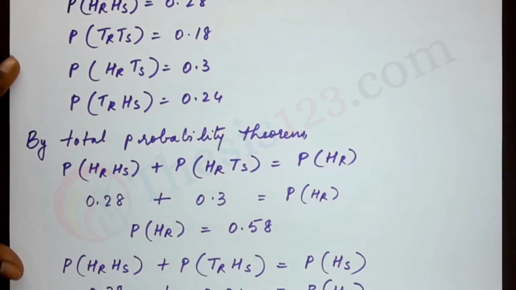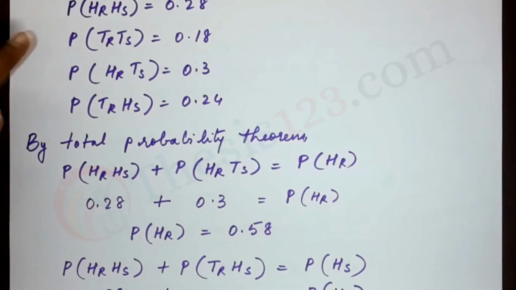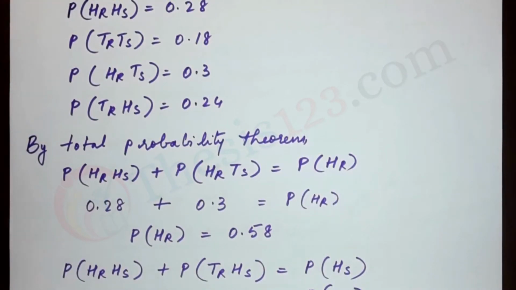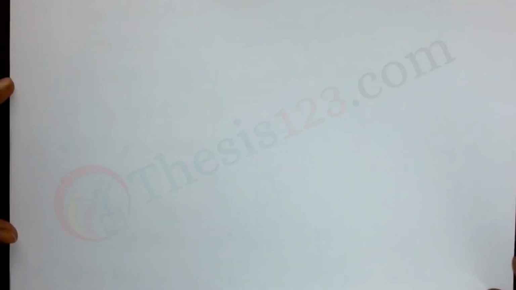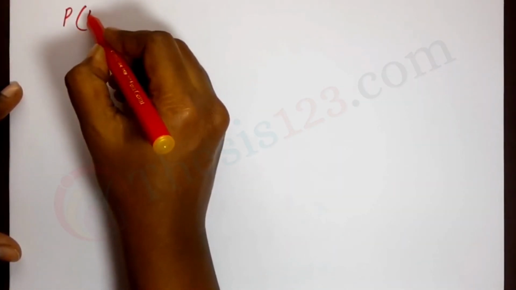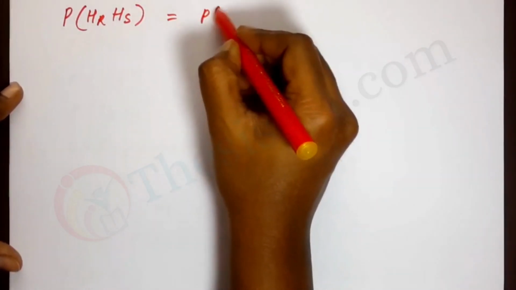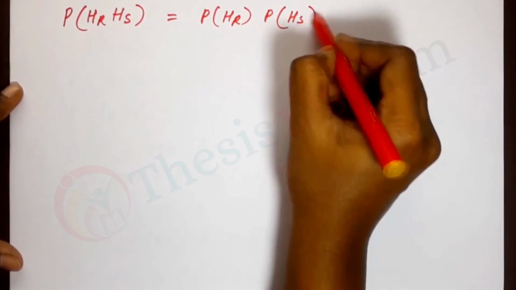Now let us substitute these values into the check equation that I wrote down in the very beginning. The equation was: probability of HRHS equals the probability of HR times the probability of HS.